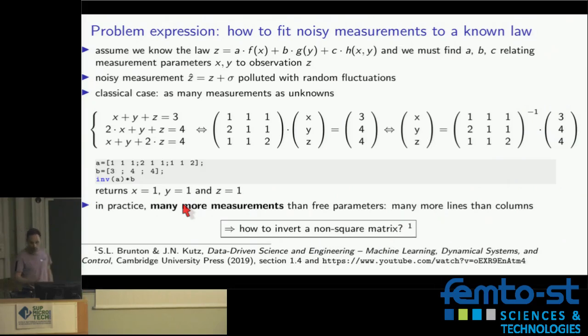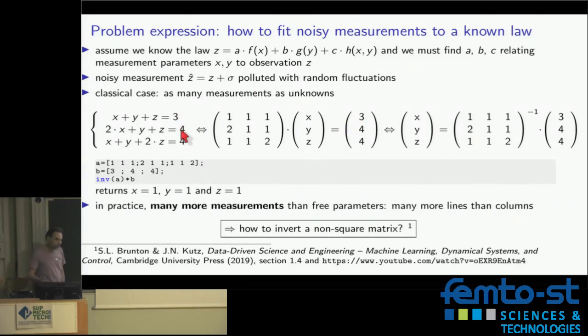You all learned in school that when you want to solve a linear algebra problem, you've got as many equations as variables, and you can write this as a matrix equation. You put the coefficients of your various variables in the left-hand side matrix. You've got your unknowns, and you know the solution, which is on the right-hand side.